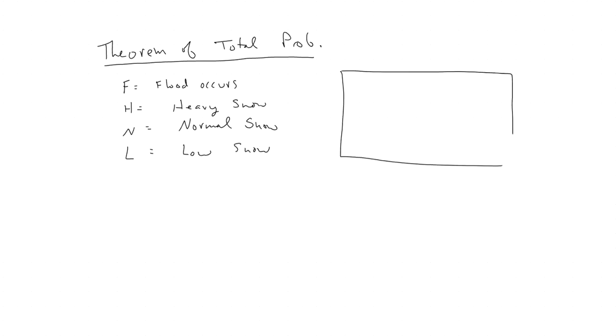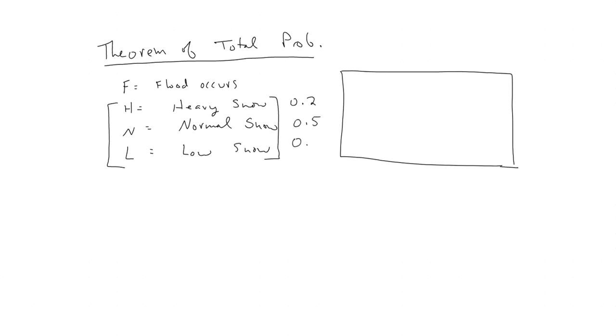Before we get into that, let's just look at this here. We've got the snow, and we're going to draw the sample space for snow outcomes: heavy, normal, and low. Does that cover all of our bases here? If I gave you the numbers, maybe that'd be a little more illustrative. The probability of heavy is 0.2, the probability of normal is 0.5, and low is 0.3.